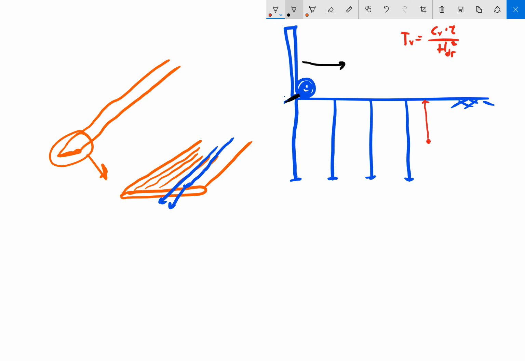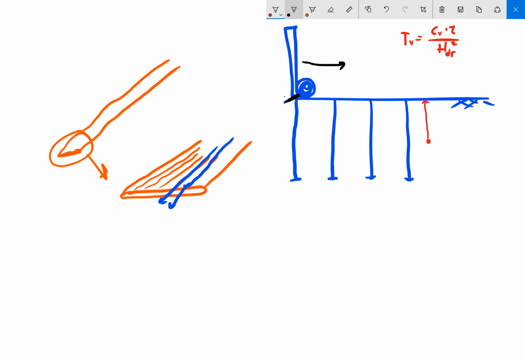Before we put any improved drainage in there, that HDR squared term is what was killing us, especially if we have a single drain soil layer, because HDR equals the total thickness of the clay. And that's what causes the clay to take forever to consolidate.